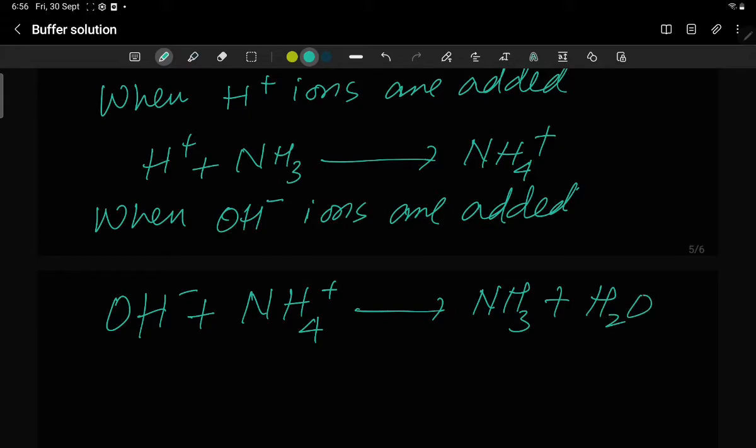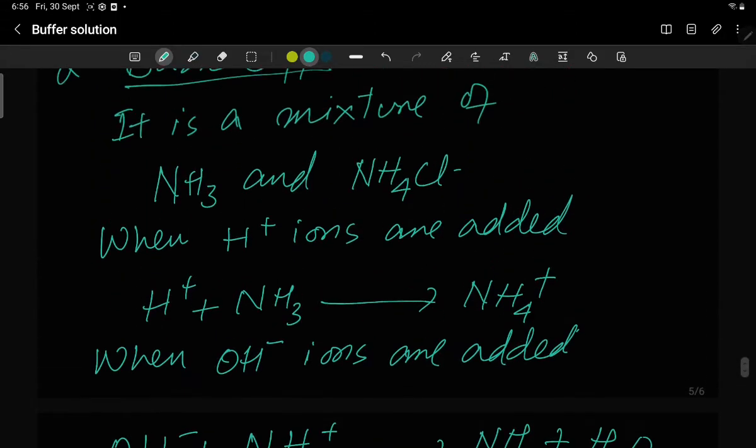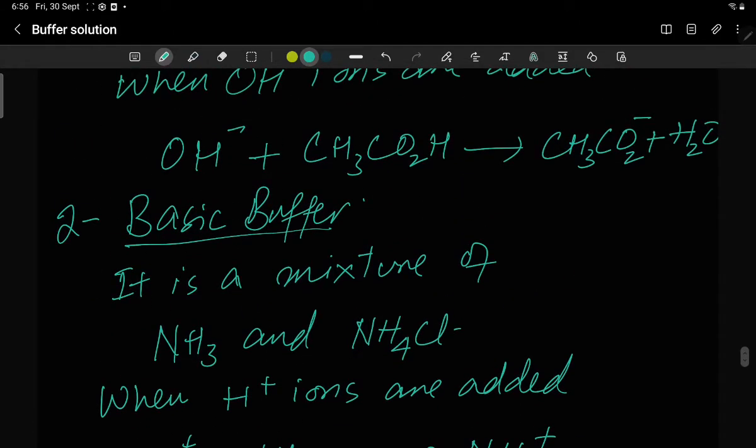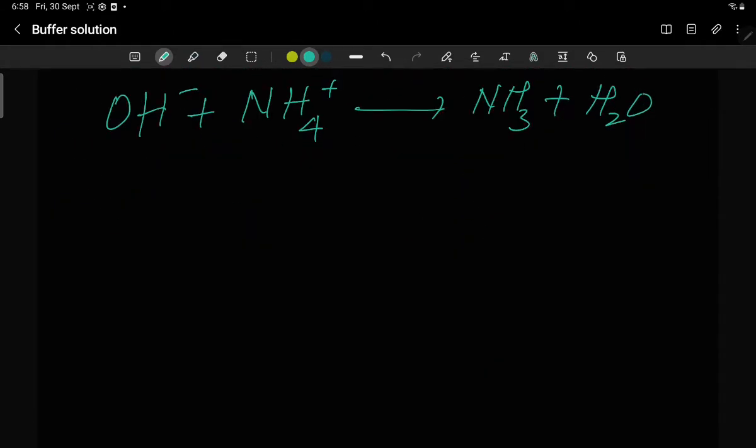So in this way, with the addition of a small amount of acid or a small amount of base, the buffer resists the change in pH, in the acid buffer as well as in the basic buffer. In this way the system maintains the pH.